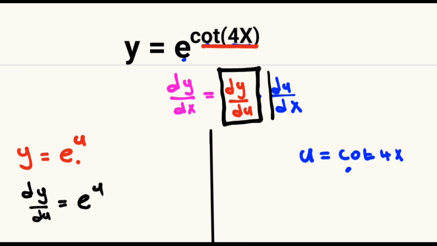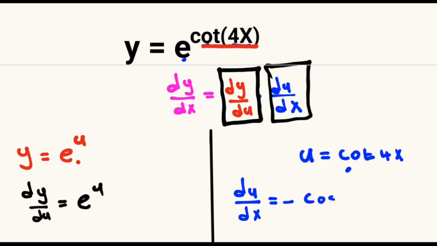And on the other side, we have to differentiate u with respect to x, and the derivative of u with respect to x will be equal to the derivative of cot 4x, which will be equal to negative cosec squared 4x. We multiply this by the derivative of 4x, which is just 4.